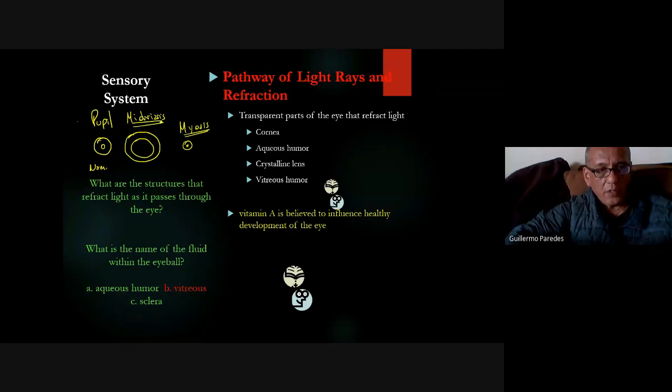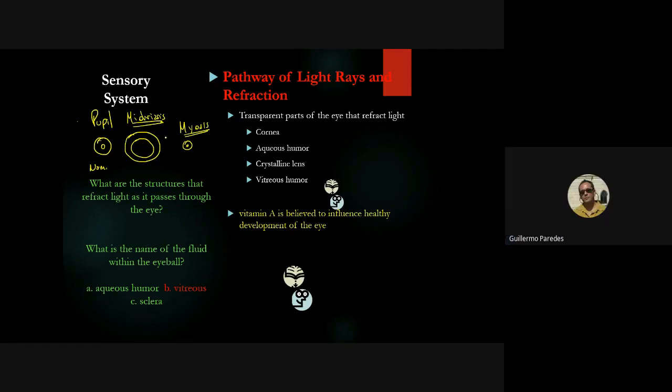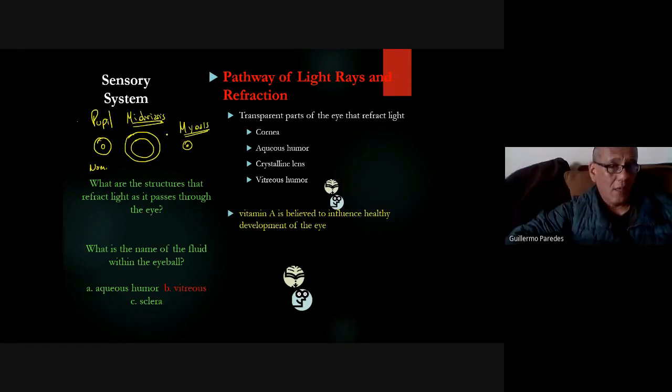This is very important. Why? Because mydriasis is going to be increased when you are in pain, because basically this is the sympathetic nervous system. And miosis is the parasympathetic nervous system.